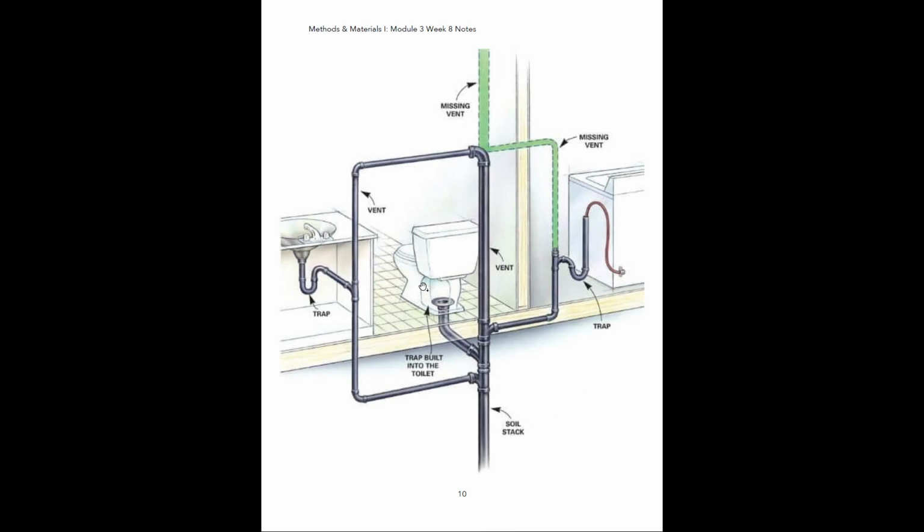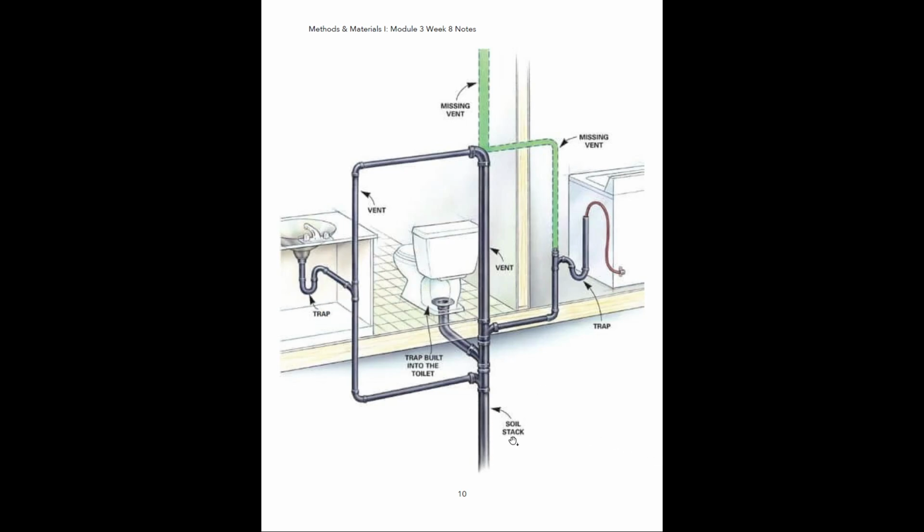But if you take a look at the toilet here, we don't have that U-shaped trap tied to the drain line, because the trap is already built into the toilet itself. So you don't have to add a second trap in because it's already integrated into the toilet. Anything basically other than a toilet is going to have these special traps put into them.